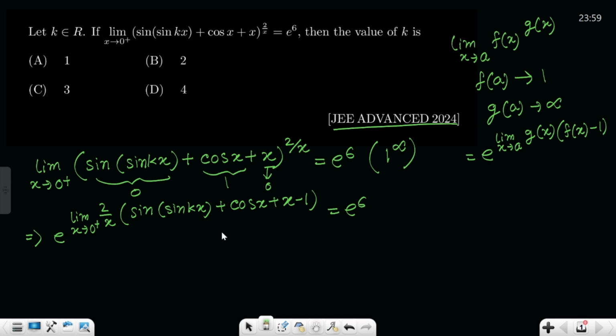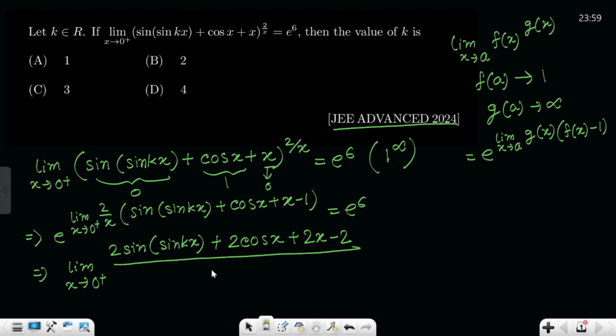Now you can see that the bases are same, both are e, so the powers will also be equal. So limit x tending to 0 positive. Now we will open the bracket. So here it will be (2 sine of sin kx plus 2 cos x plus 2x minus 2) upon x equal to 6, right?